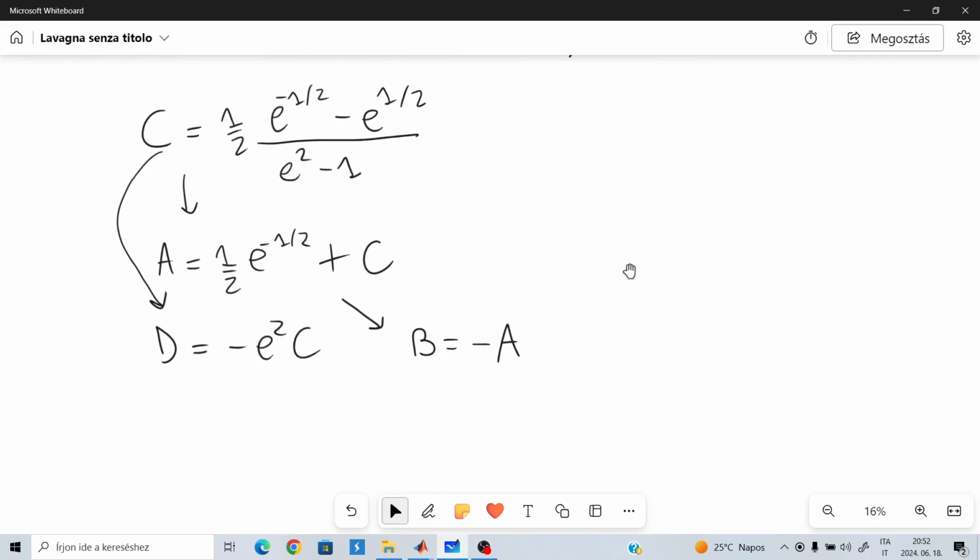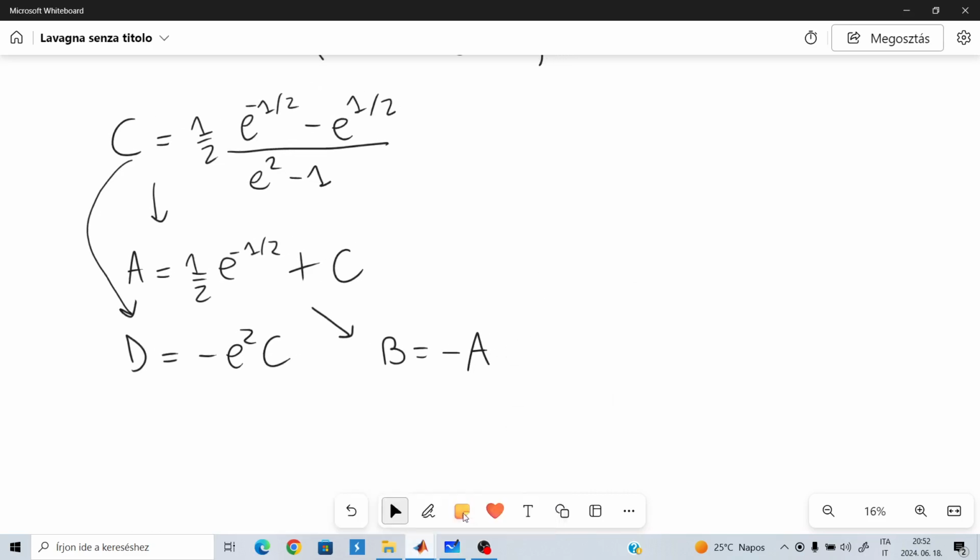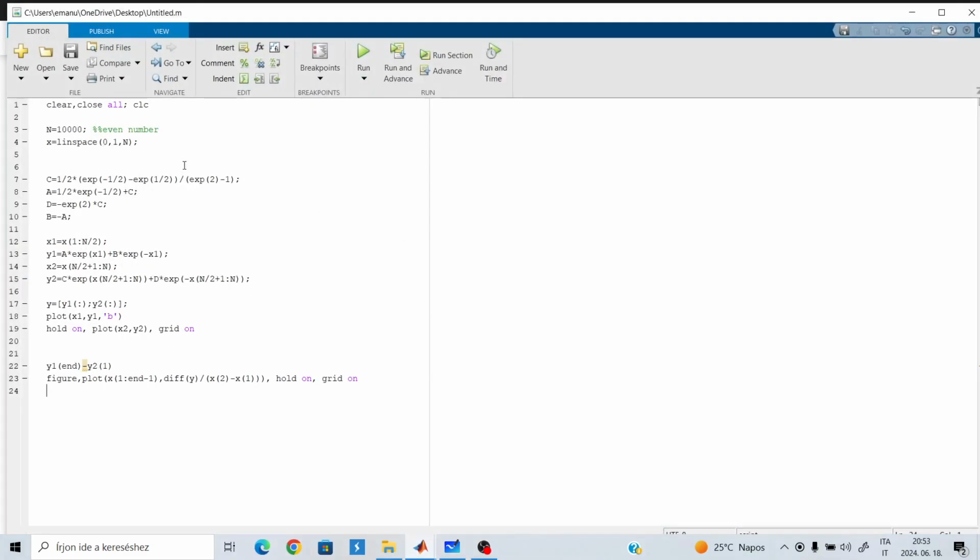So to give you just the intuition behind these coefficients, I have prepared a MATLAB script where I have defined the 4 coefficients here. I have considered an interval from 0 to 1 with 10,000 points. So I'm going to discretize the interval from 0 to 1 with this number of points. Then I define the function here, y1 and y2.